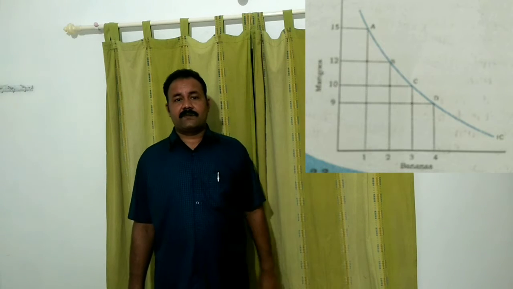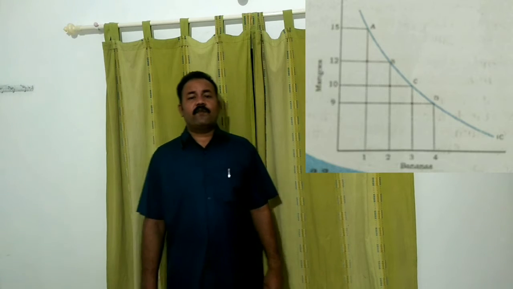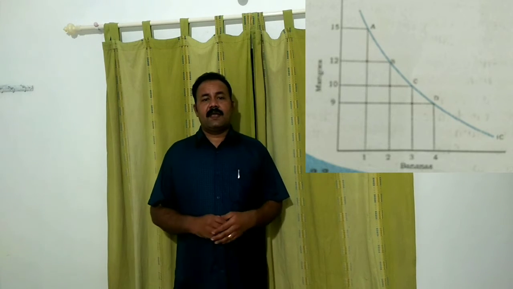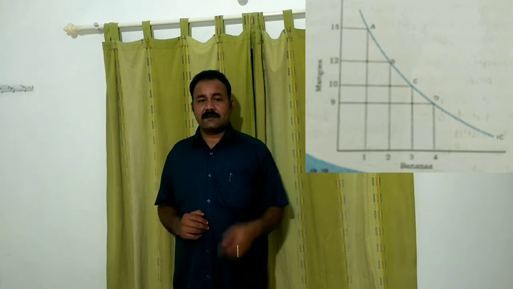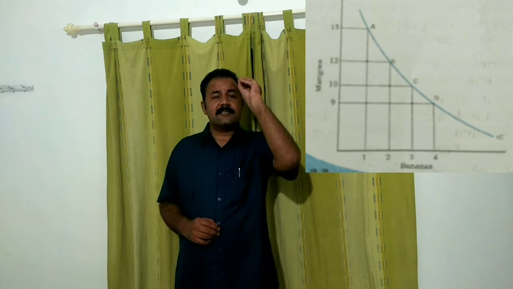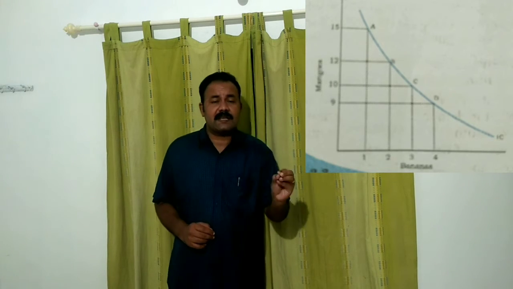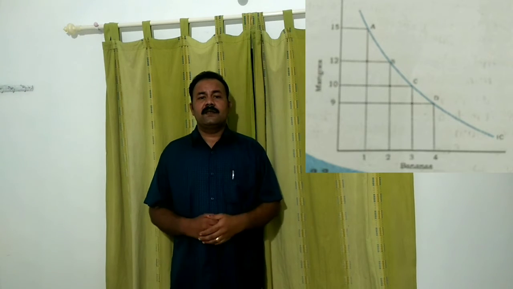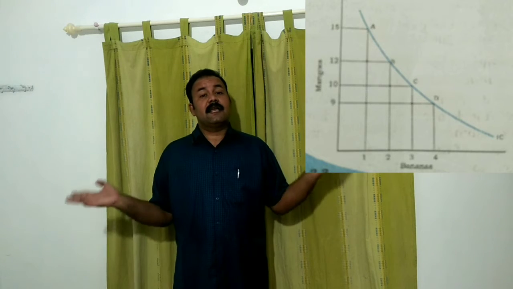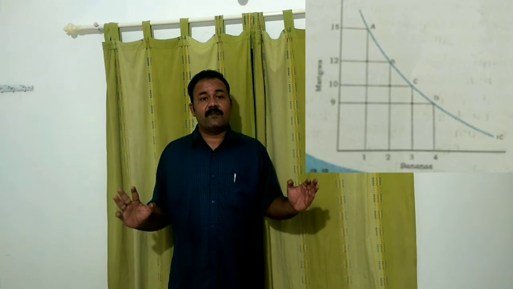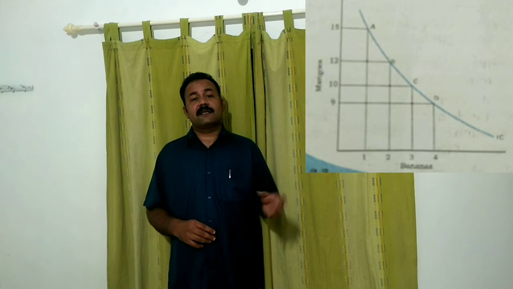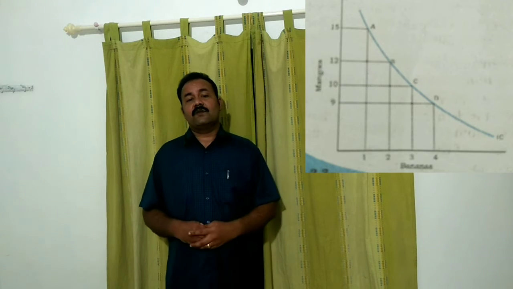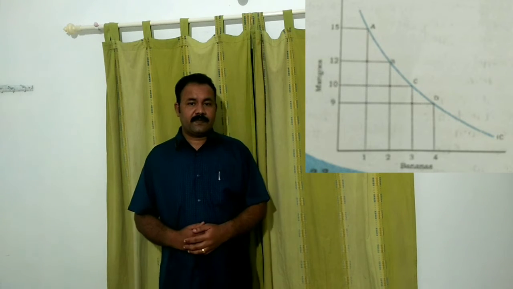From 1 unit of banana and 15 units of mangoes, he will get a level of satisfaction. He will get that same level of satisfaction from 2 units of banana and 12 units of mangoes. Or he will get the same level of satisfaction from 3 units of bananas and 10 units of mangoes.